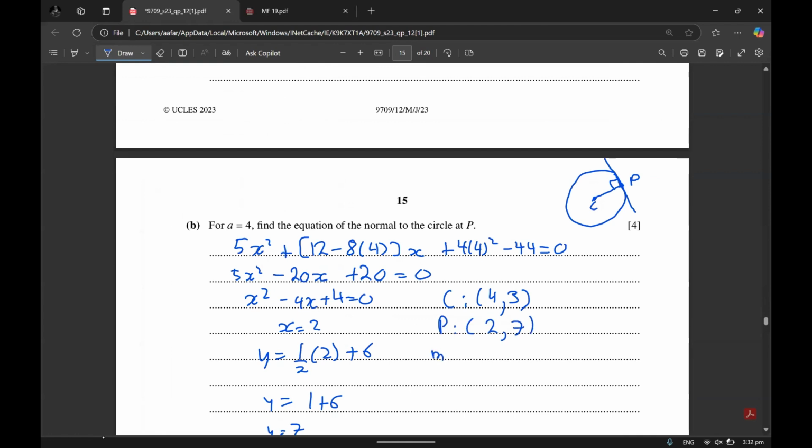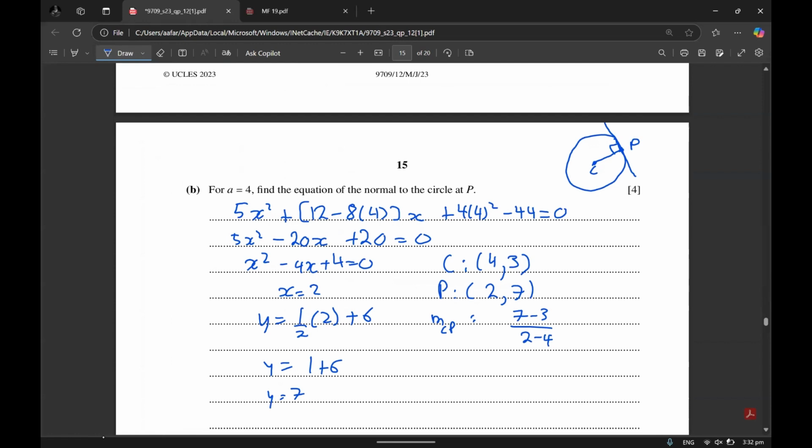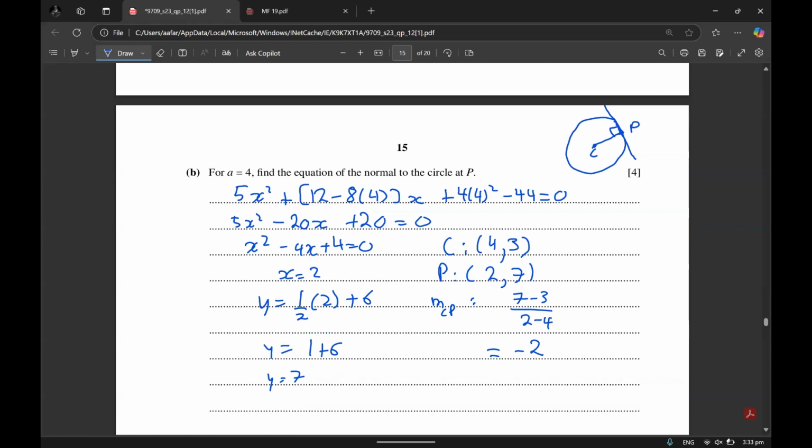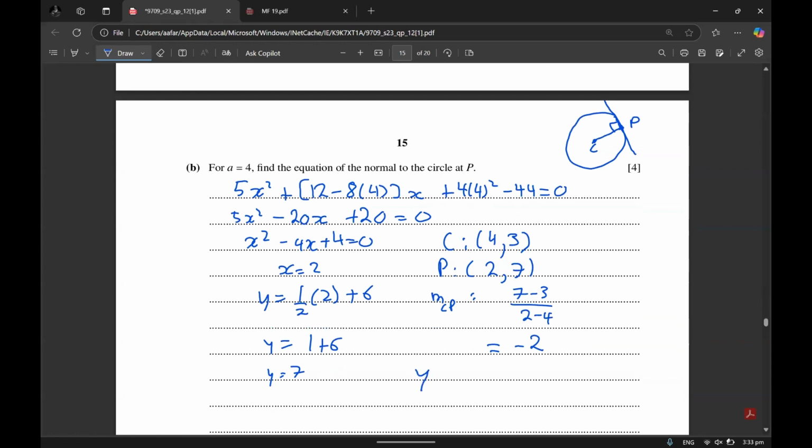So m of CP is y2 minus y1 over x2 minus x1, which is basically negative 2.